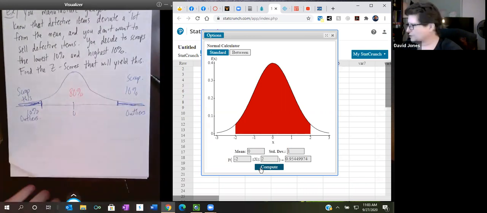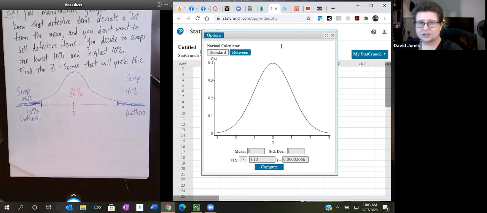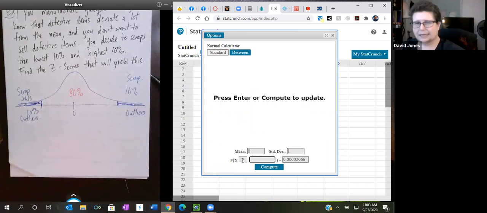We have two options. If we're using the standard option in StatCrunch, I can say I want the probability that X is less than, and I'm going to leave this blank, and I can say 0.1.